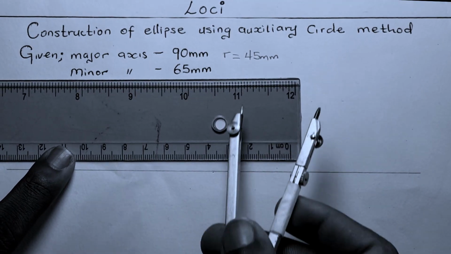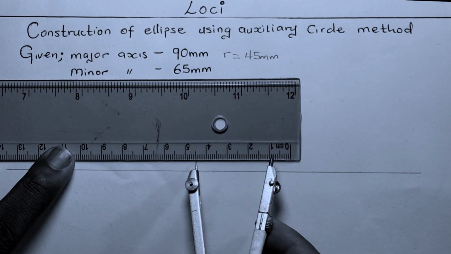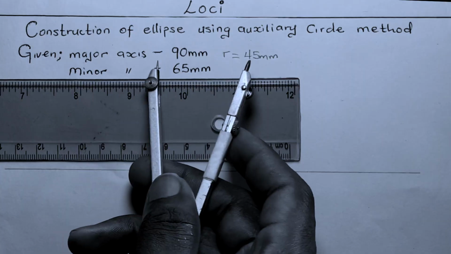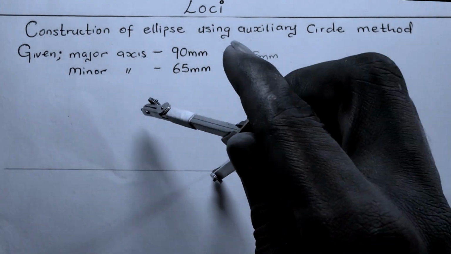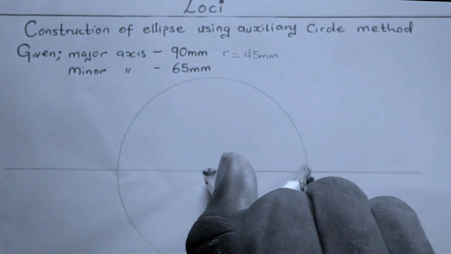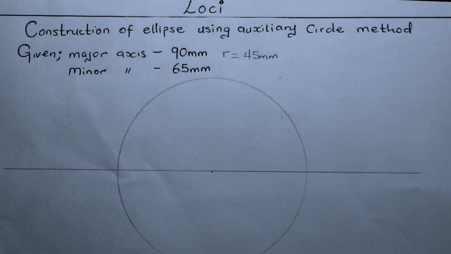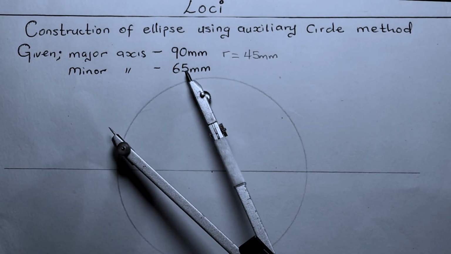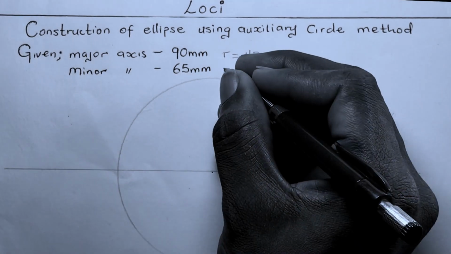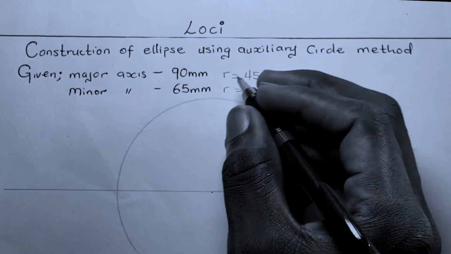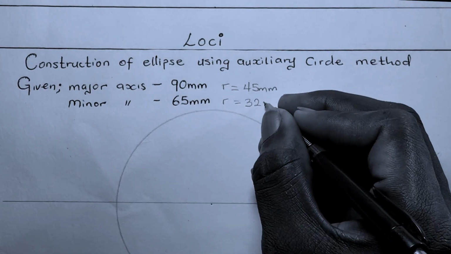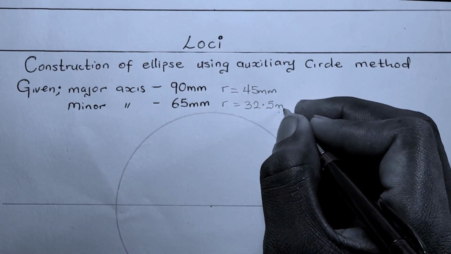Using our compass, we are going to measure a radius of 45 millimeters for our major axis. Then at the center of the line, we draw a circle for the major axis. For the minor axis we have 65, and half of 65 gives us r to be 32.5 millimeters.